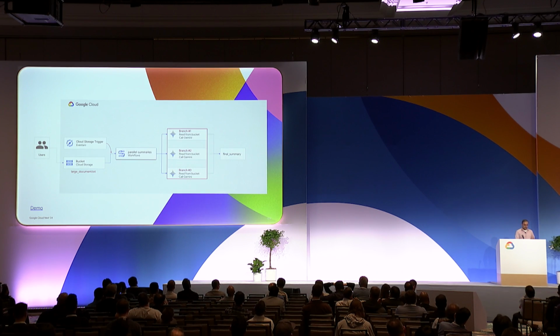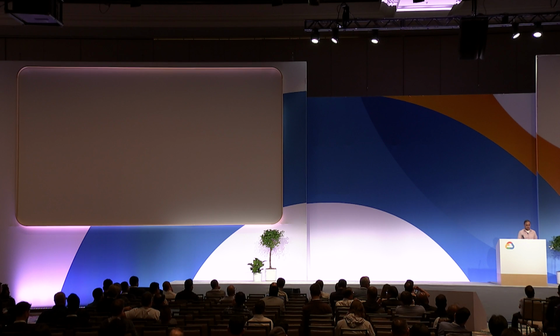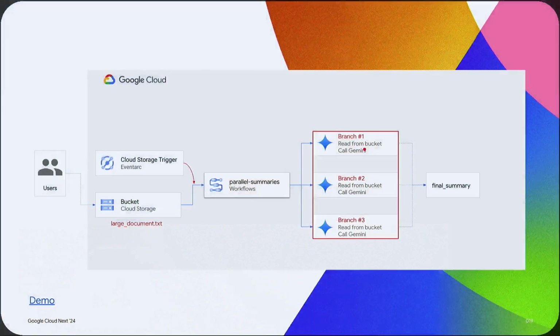And the second part is that you can use workflows to also connect this to some kind of events. So for example, you can have the user drop the large document into a cloud storage bucket, and then have this generate an event. And that event goes to workflows. And then workflows will do these parallel calls.